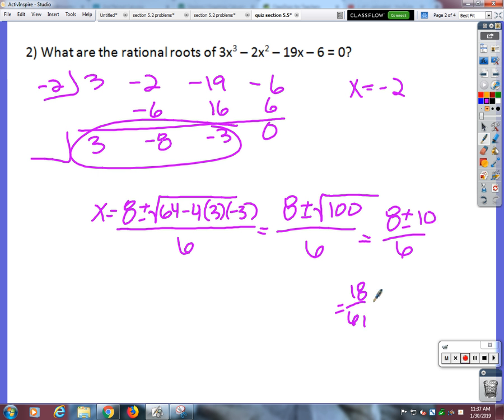If I go 8 minus 10, that's negative 2 divided by 6. So those are 3 and negative 1/3. You should be able to simplify from that down to here. So my three answers for this one are x equals negative 2, 3, or negative 1/3. It's 18 over 6.